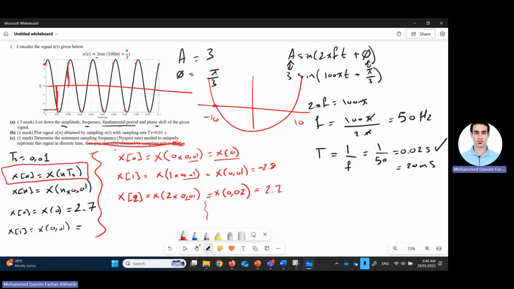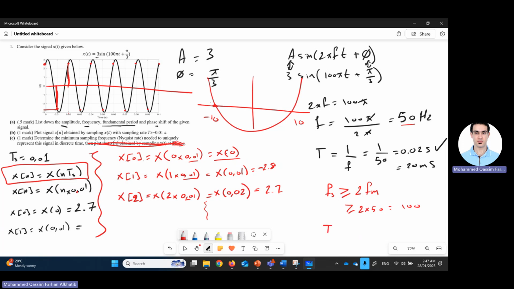How much? Remember, Nyquist rate should be larger than or equal to Fm. How much is Fm? 50. So I need to sample 2 times 50. That's 100.